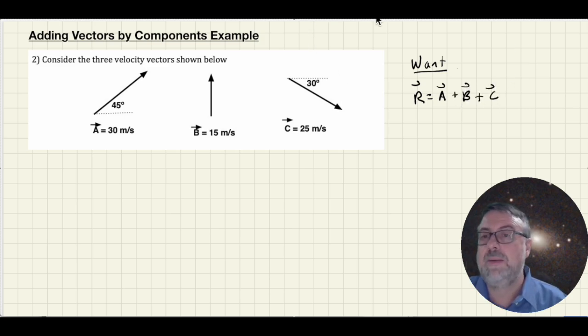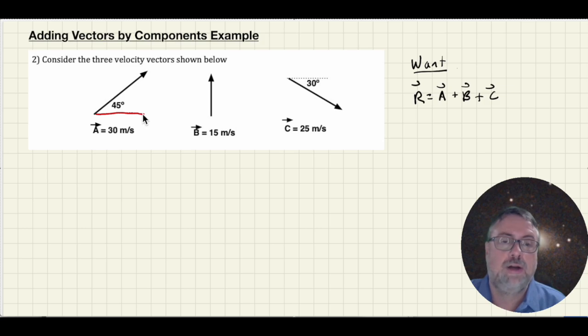All right, so remember the first step in adding vectors by components is I don't want to work with these vectors themselves. I would like to break the vectors down into their x and y pieces. So I carefully draw the x part of A and add to it the y part of A. By the way, technically the y part of A is really here.